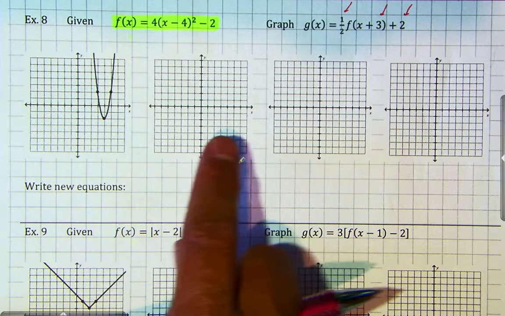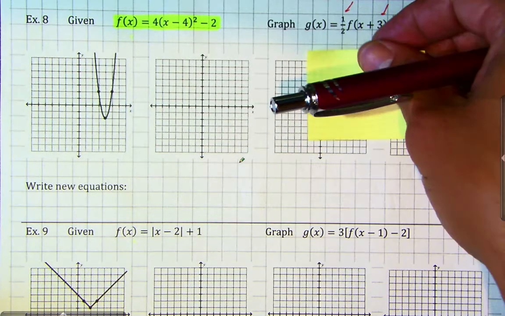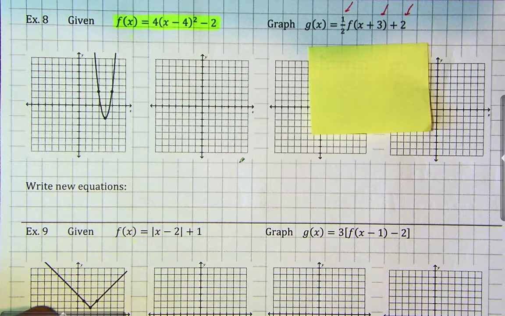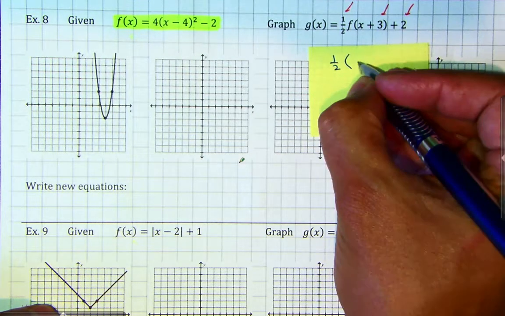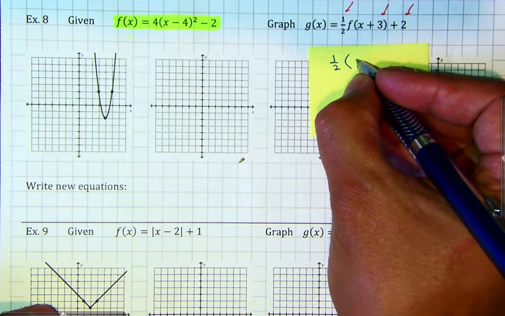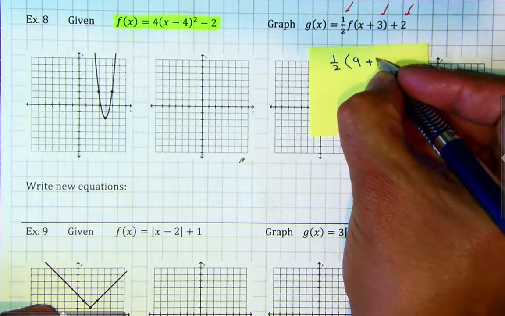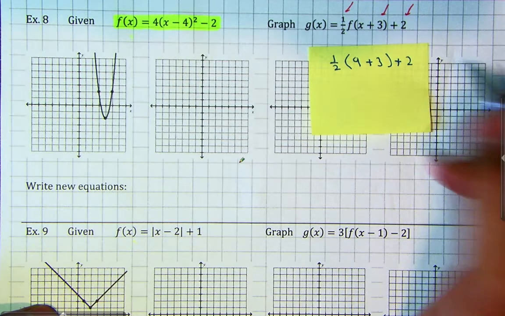So now, what should we do first? Well, just like when we do order of operations, we have to follow order of operations. So let's think about, instead of x, let me place a number, so it becomes even. So let's place a 9. 1/2 of 9 plus 3 plus 2. What should I do first?